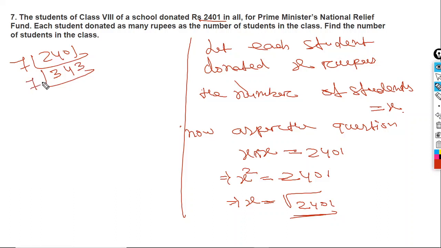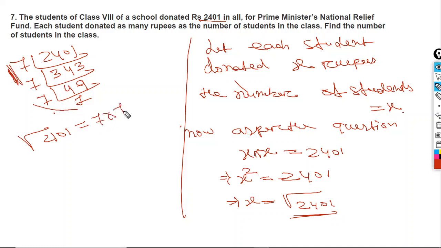So again 7, 7 sevens are 49. So the square root of 2401 will be equal to, taking one 7 from each pair, 7 into 7, which will be equal to 49.